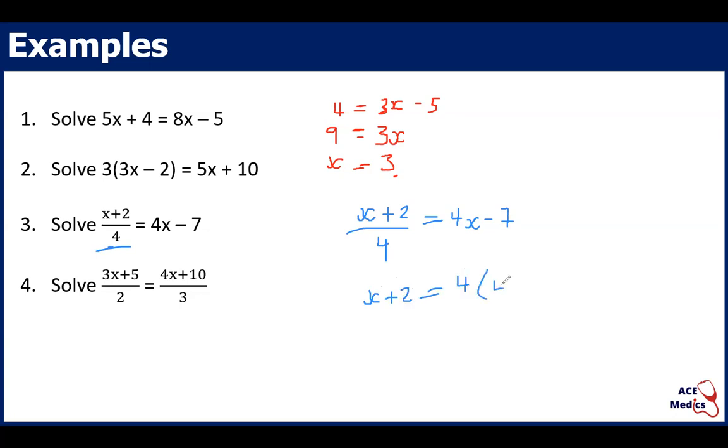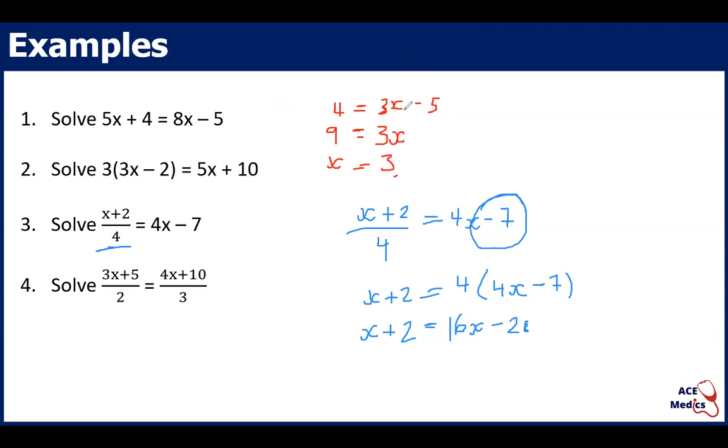So we need to create a bracket here, because everything inside that bracket needs to be multiplied by 4. Does that make sense? This is where people tend to trip up quite a lot. So it's not just going to be 4 times 4x, because we need to think about that minus 7 still. Yeah. Okay, cool.